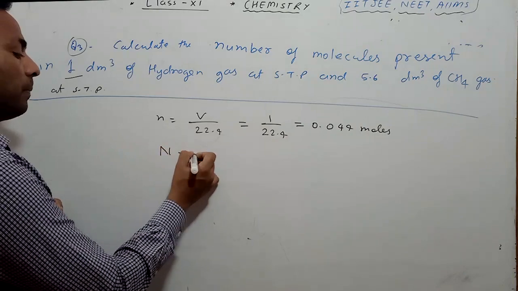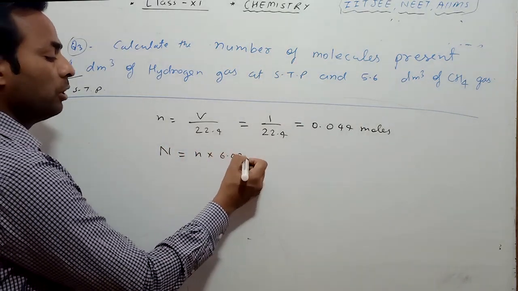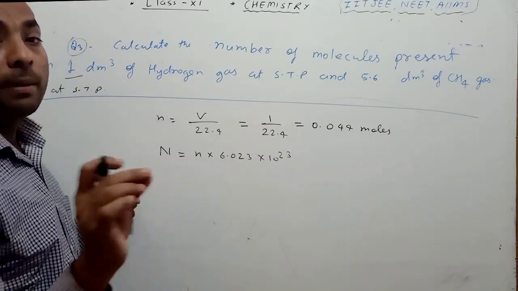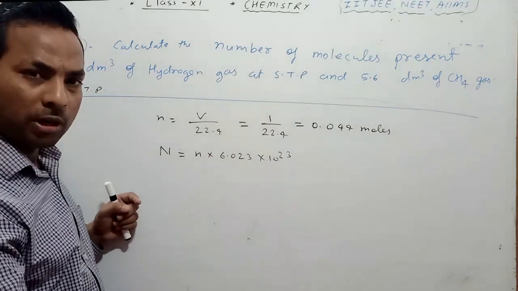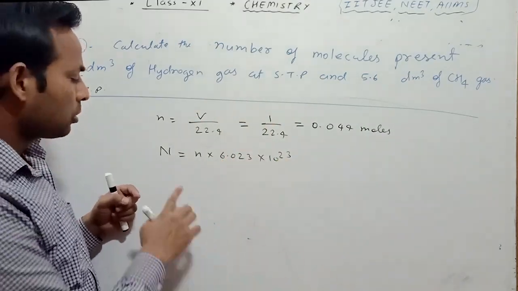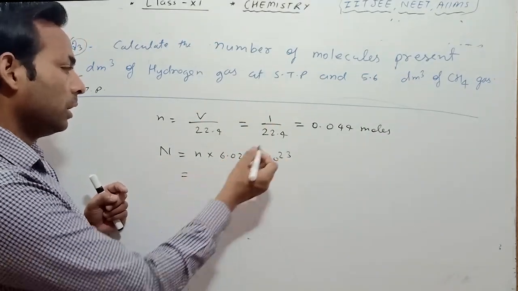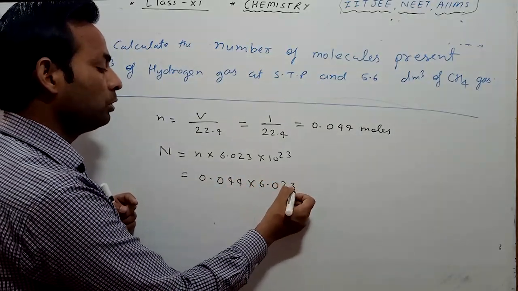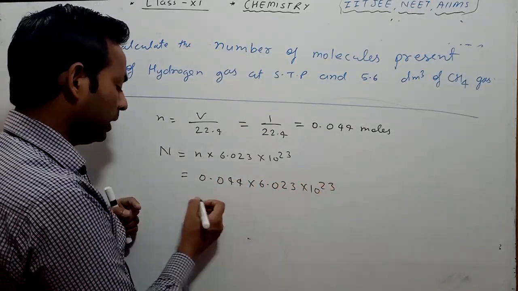But N equals n into 6.023 into 10 to the power 23. N is the number of molecules or number of particles. The question asks to calculate the number of molecules, so N is the number of molecules. So 0.044 into 6.023 into 10 to the power 23.